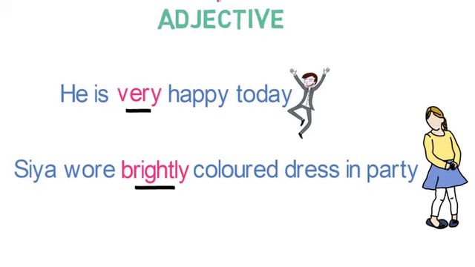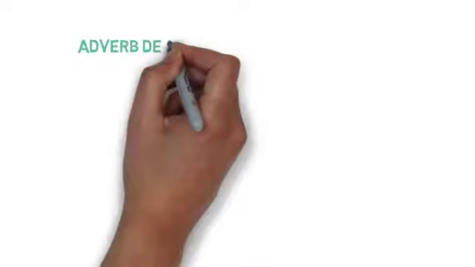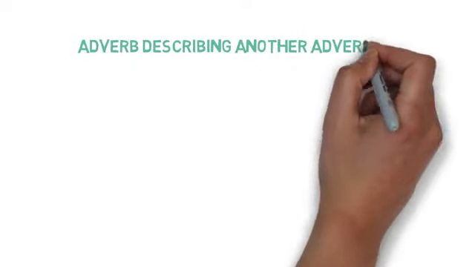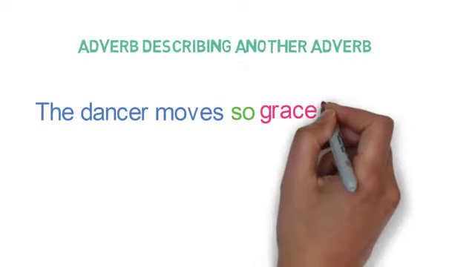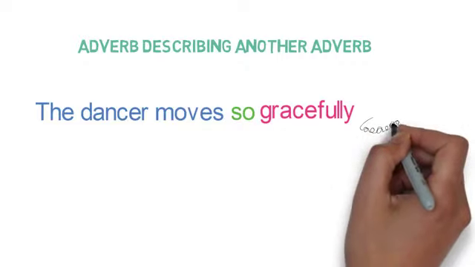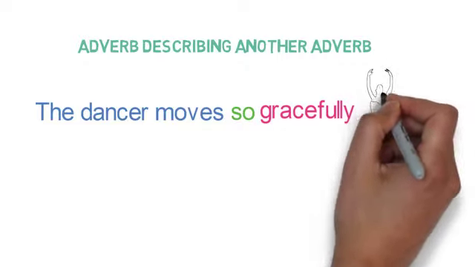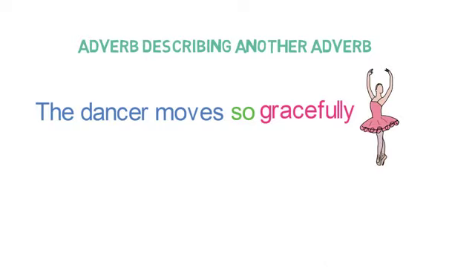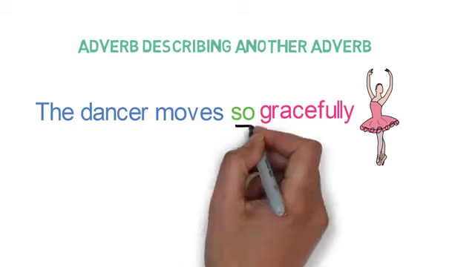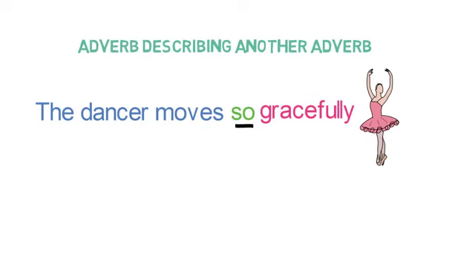Now let's look into some examples of an adverb that describes another adverb in the sentence. The dancer moves so gracefully. Here, how the dancer moves is described by the adverb gracefully. But the word so here is describing the intensity of the word gracefully, and thus actually describing the adverb.